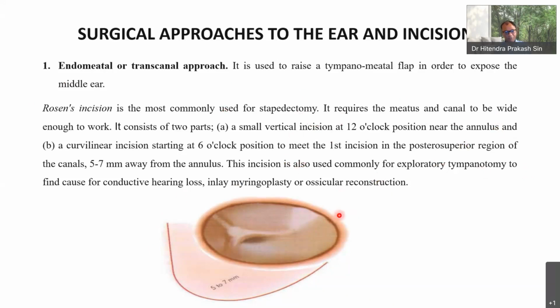This incision is usually used for small work like exploratory tympanotomy, in cases of stapes surgeries. This is performed for conductive hearing loss, sometimes for inlay myringoplasty or ossicular reconstruction.